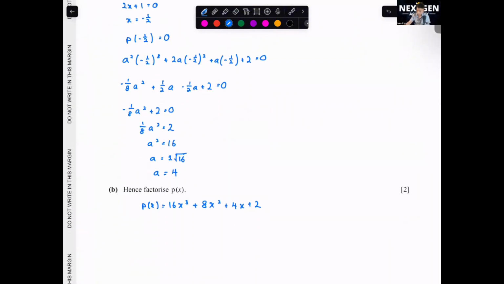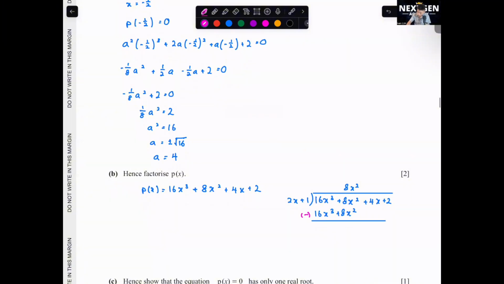Okay, we are going to do long division. So 16x cubed plus 8x squared plus 4x plus 2, we divide this by the factor 2x plus 1. Here will be 8x squared, 16x cubed plus 8x squared. Normally, what I would like to do is put a minus here, so all these minus, this one will become 0.